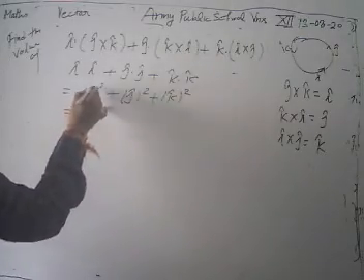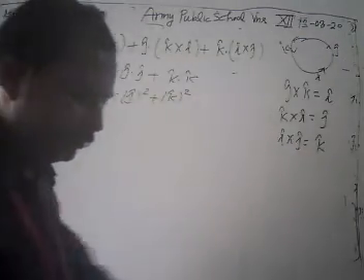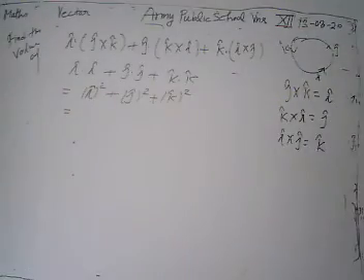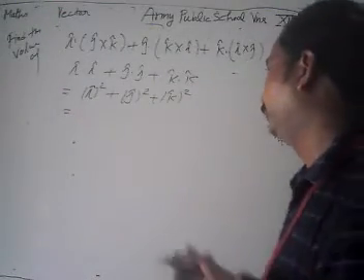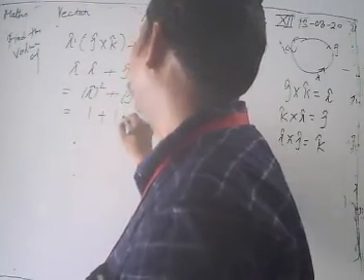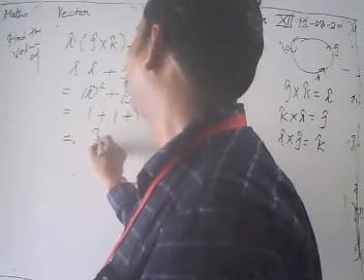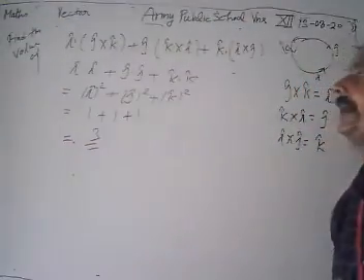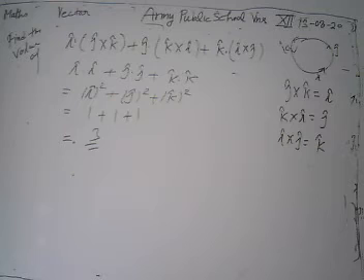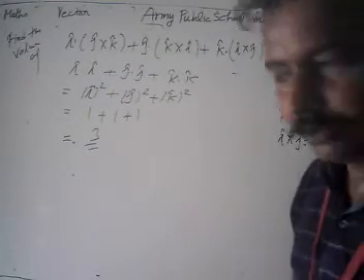These are unit vectors, so it is 1 plus 1 plus 1. So the value of i dot j cross k plus j dot k cross i plus k dot i cross j is given by 3.